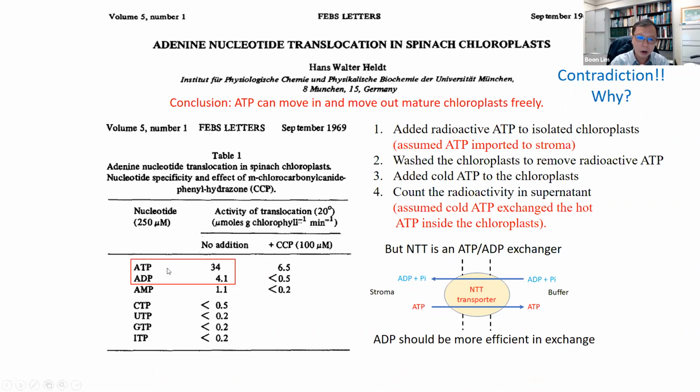Then when he added the cold ATP, it elutes the radioactive ATP. And ADP is less effective because it has one less phosphate. So luckily, because he also used ATP, his data actually showed that there was no ATP translocation, but just absorption.